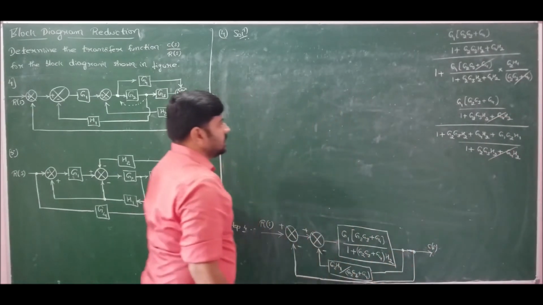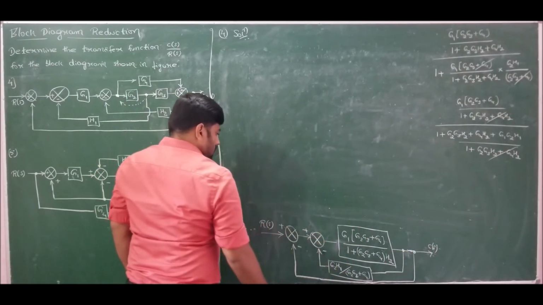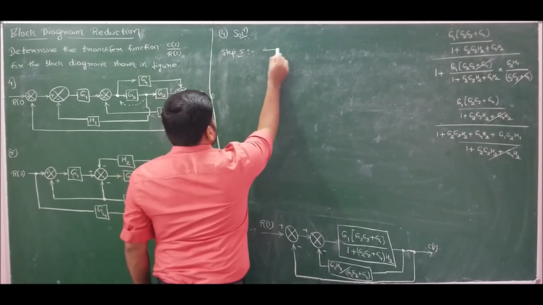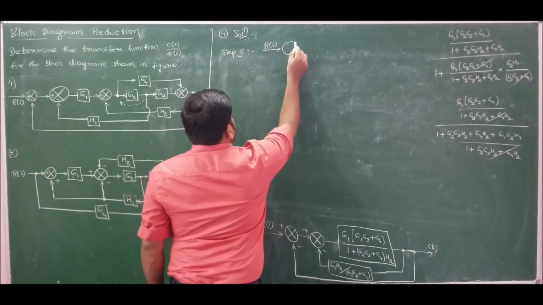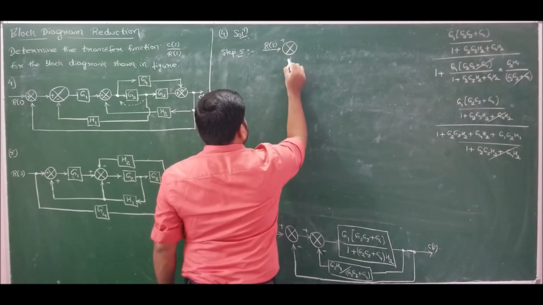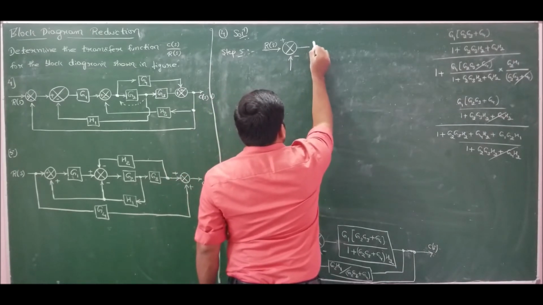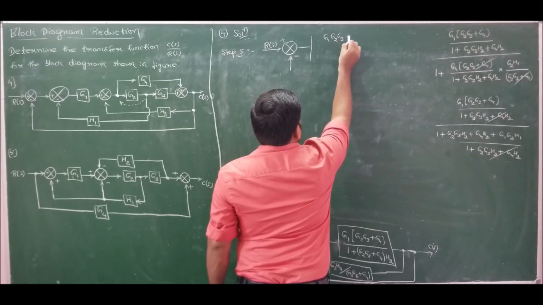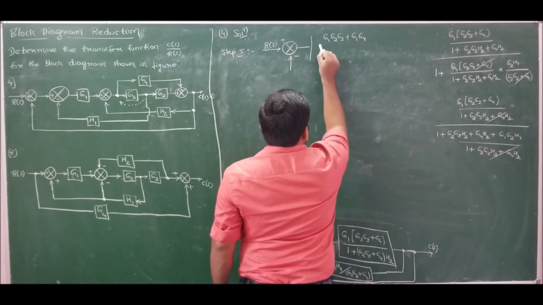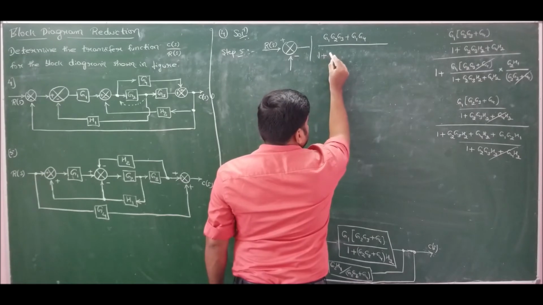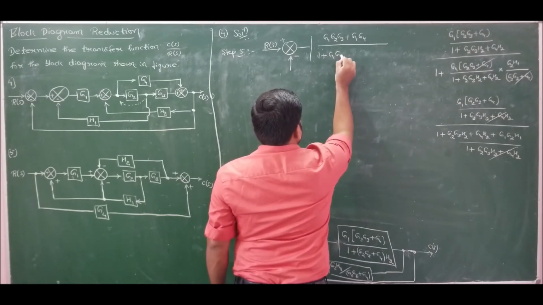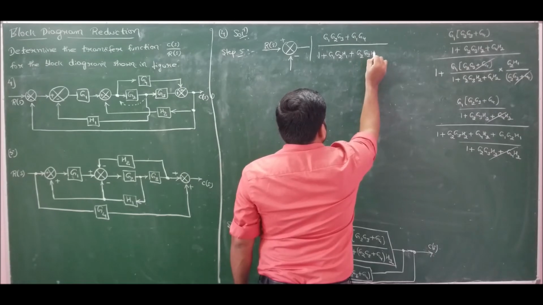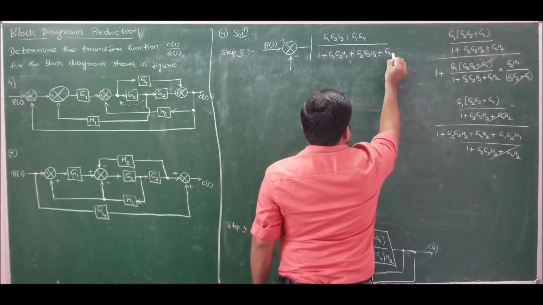So these two denominators will get cancelled. Hence, we will get the canonical form in step 5 as R of S summing point plus unity feedback, and the forward block value is turning out to be G1 G2 G3 plus G1 G4 whole divided by 1 plus G1 G2 H1 plus G2 G3 H2 plus G4 H2.